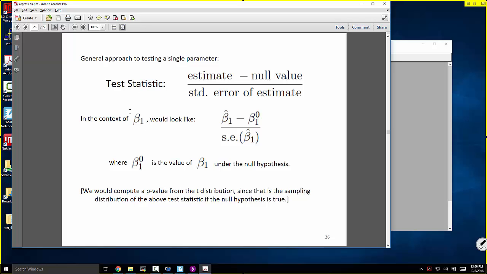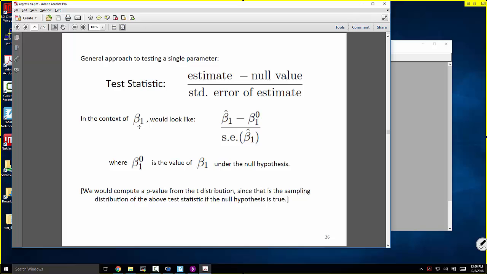Suppose we wanted to test in the simple linear regression model something about beta 1, a slope. Might be, for example, the null hypothesis that beta 1 is equal to 0. If beta 1 is equal to 0, there is no slope on average between x and y.